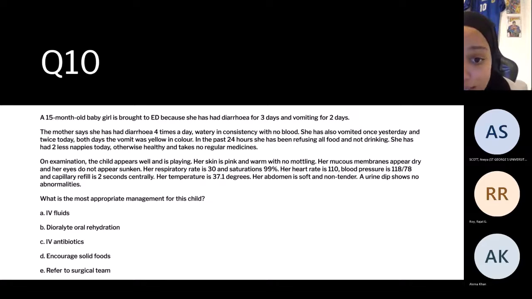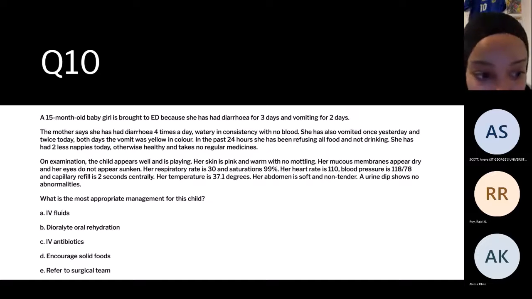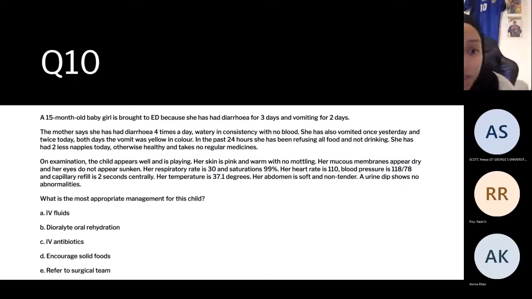Her temperature is 37.1 degrees. Her abdomen is soft and non-tender. A urine dip shows no abnormalities. What is the most appropriate management for this child? Is it IV fluids, diarrhea oral rehydration treatment, IV antibiotics, encourage solid foods, or refer to surgical team?